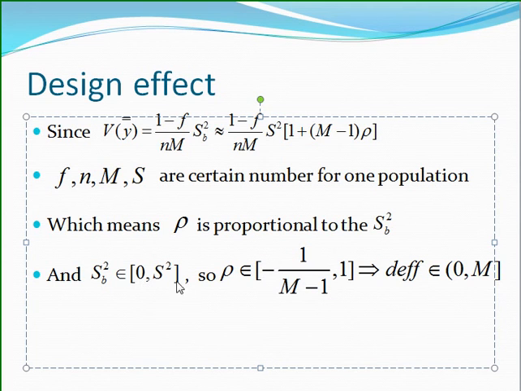This stands for S square, which shows that the difference between the different clusters is 0, and this shows the difference inside of the cluster is 0, which makes rho 1, since all the units inside of the cluster are the same. And then we put them all in, we can get the design effect is 1 to m.